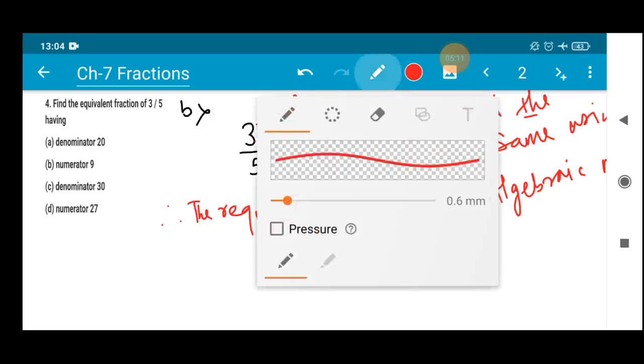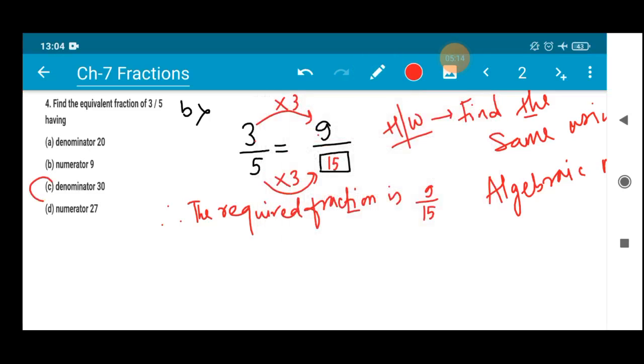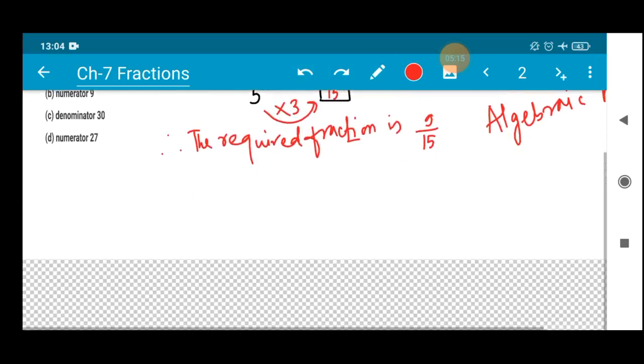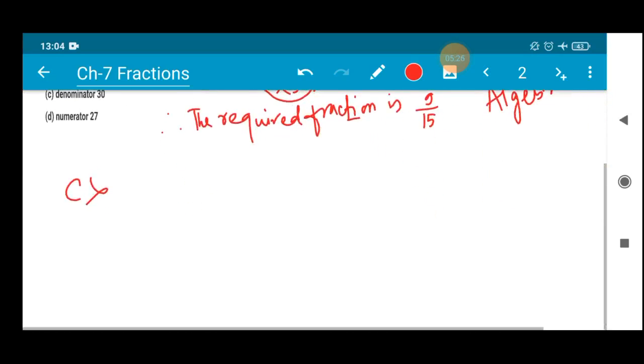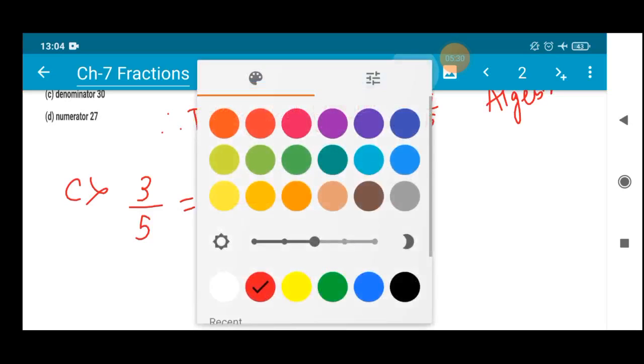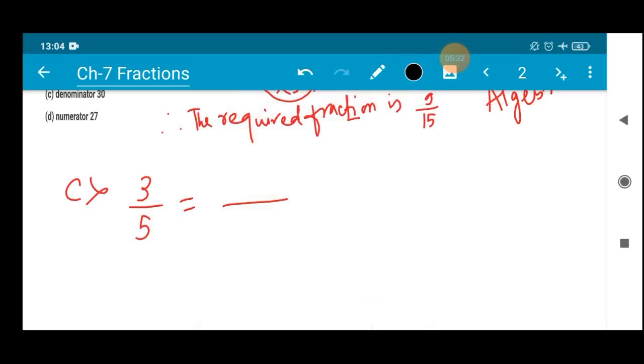Now next, number 2 we are over with. Let's do number C. Okay, again we have to make the denominator of 3 by 5. The required fraction we have to find. Number C we are doing, and our given fraction is 3 by 5, and the fraction which we are about to get, their denominator is 30 and numerator is not known.